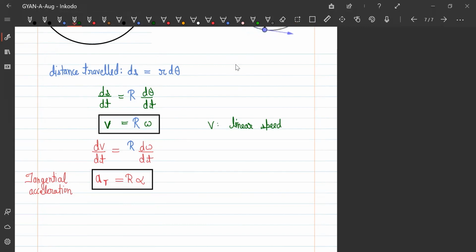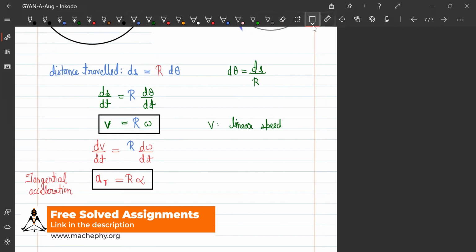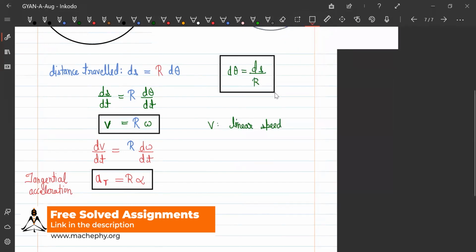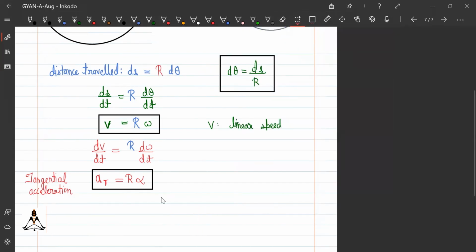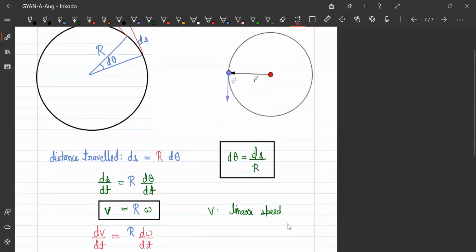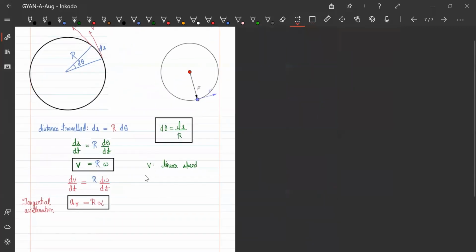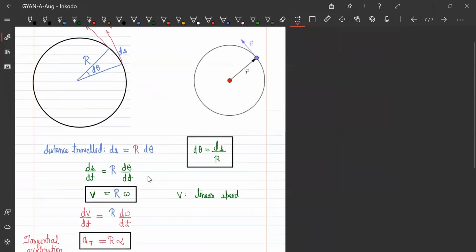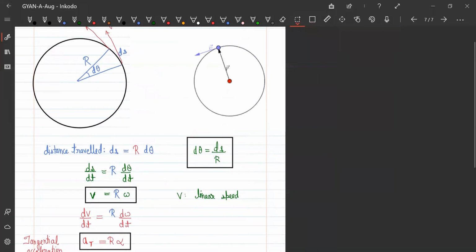Let me write here too that the change in angle is equal to ds upon R. I should write capital R because capital quantities represent constants. You should know these three relations, and you can derive them from each other. These are the relations between linear quantities and angular quantities.